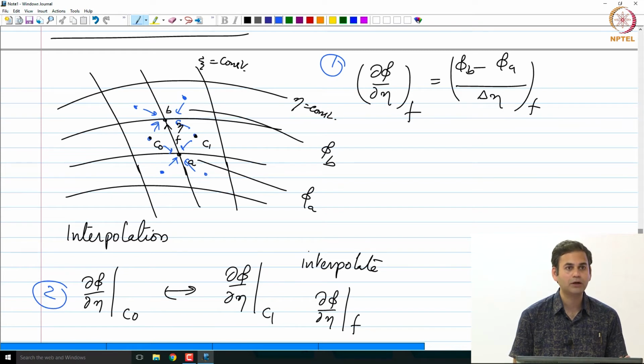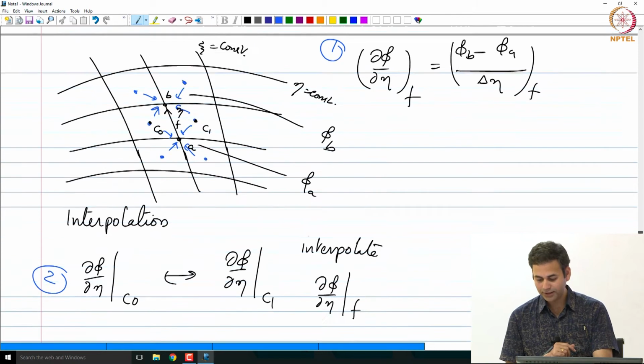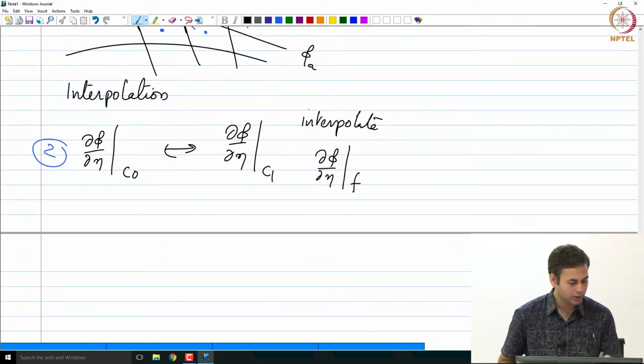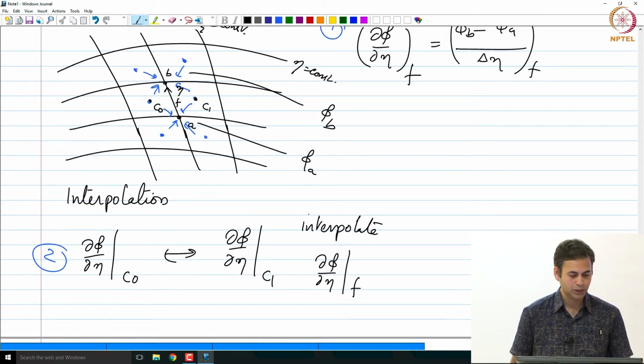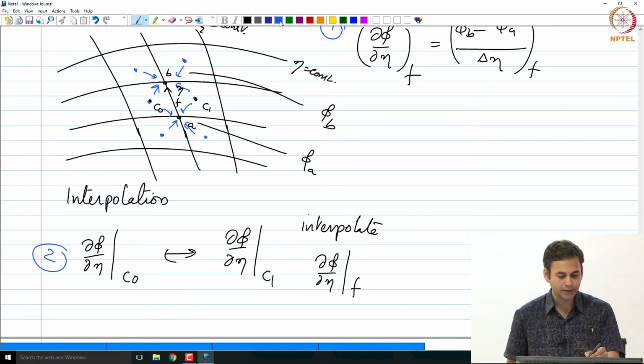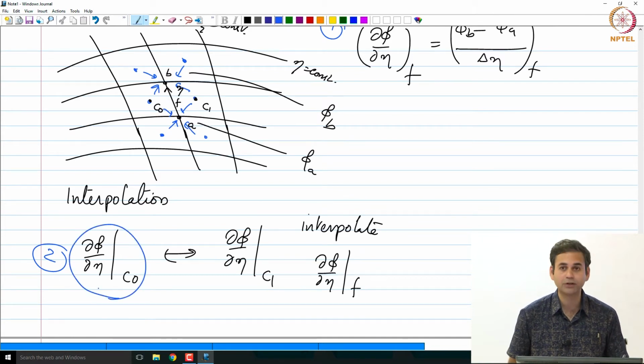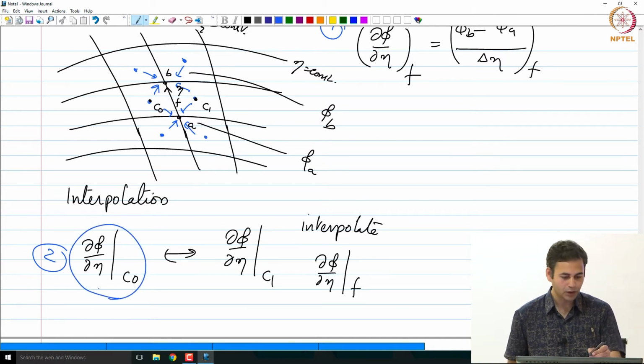Now, what will happen in the context of a two-dimensional unstructured mesh? Can we calculate it in a similar way? We are talking about a 2D unstructured mesh. So, the question is, how do I calculate this quantity at the cell centroid? How do I calculate partial phi, partial eta at C naught?